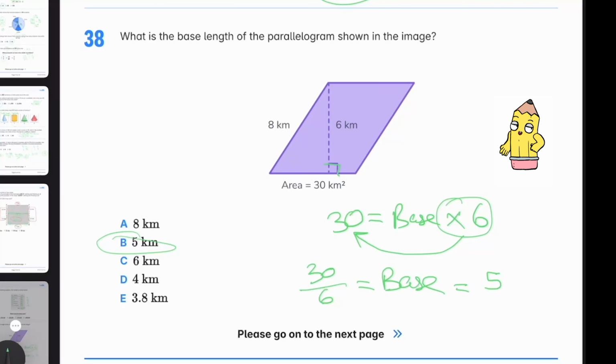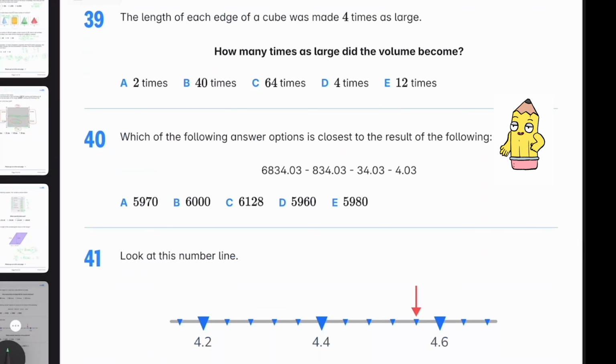And that is question 39. The length of each edge of a cube was made 4 times as large. How many times as large did the volume become? So the volume of the cube is found with the following formula, and that's just the length cubed.